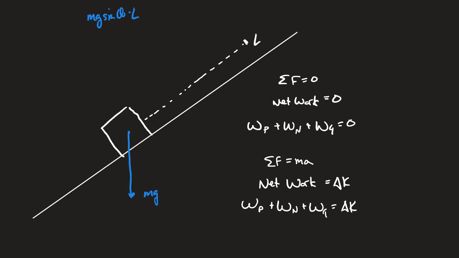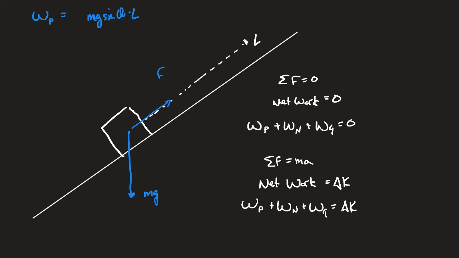And what she was really asking is this okay for the work done by the pulling force? There was some force, I think, acting this way. And is that a correct expression for it? I don't know, is it? Yes.